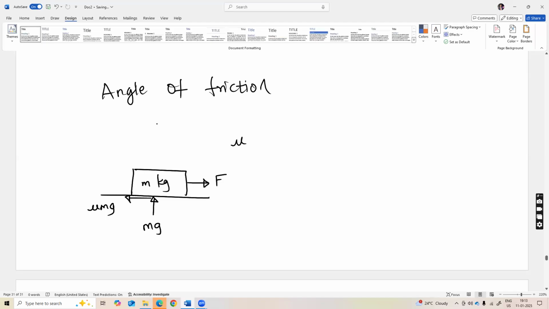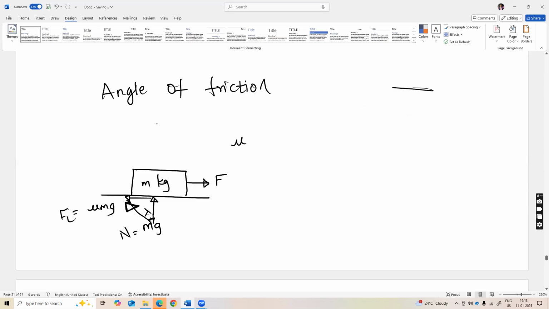Okay. So there is contact force or reaction force. It is basically the resultant of this normal reaction N and limiting friction FL. This is the contact force. It is the resultant of these two forces, and the angle which it makes with the normal reaction is known as lambda, and it is known as angle of friction. Okay, so now you have two forces.